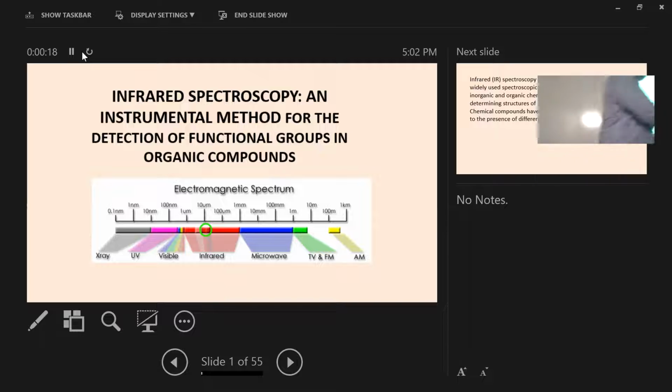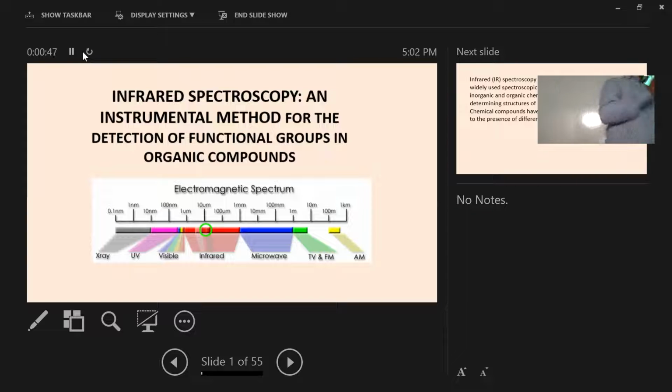From the UV spectroscopy, I have a question. Sure. Can you explain what is the wavelength of maximum absorption? Lambda max. For any molecule, you will have some absorption region.